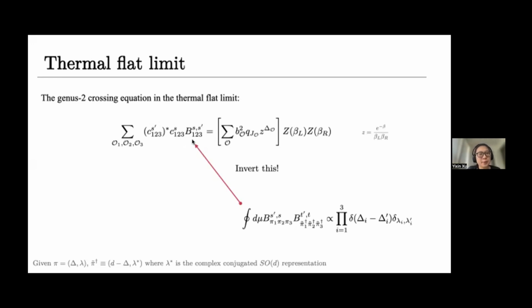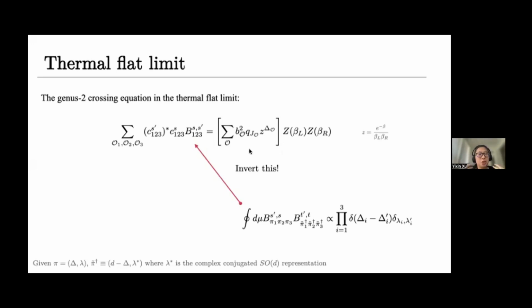Here, the superscripts S and S prime are labels for tensor structures. On the right-hand side, we have three factors: the sum over scalar primaries, the sum over symmetric traceless primaries, and also the two torus partition functions.